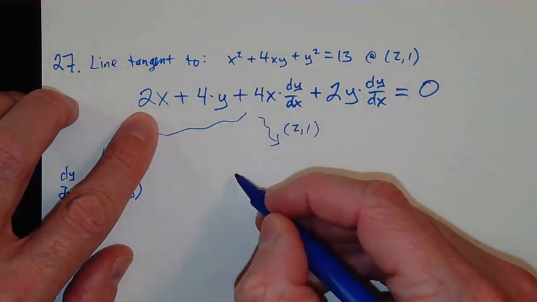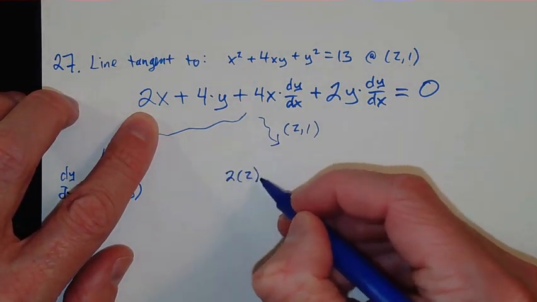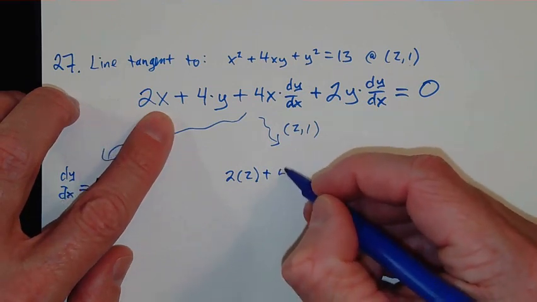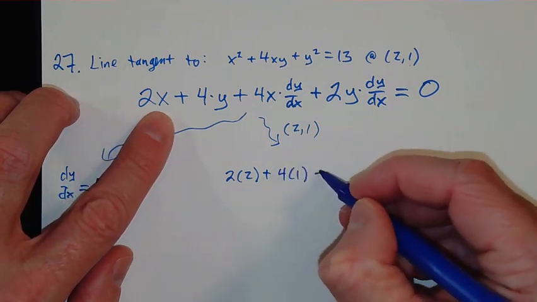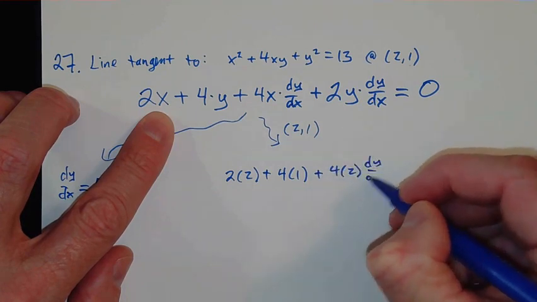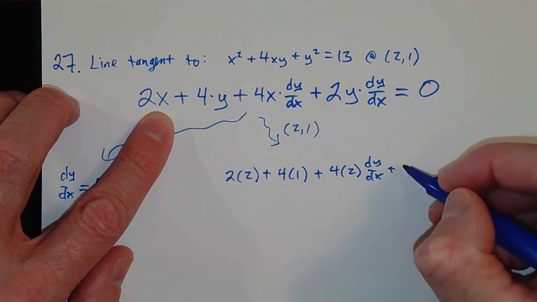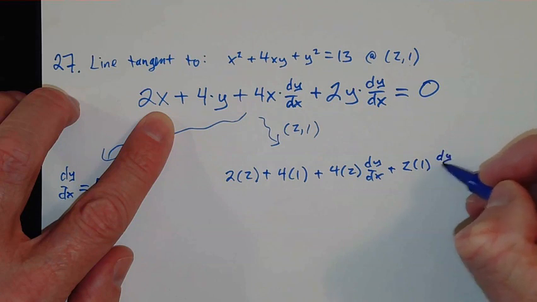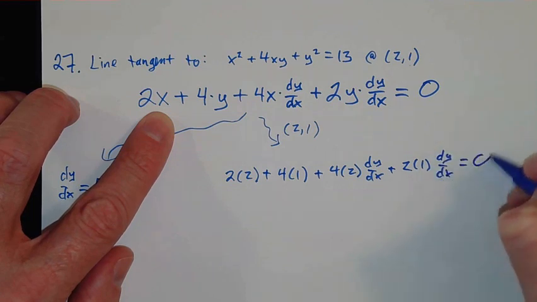So I'm going to have 2 times 2 plus 4 times 1 plus 4 times 2 dy dx, plus 2 times 1 dy dx equals 0.